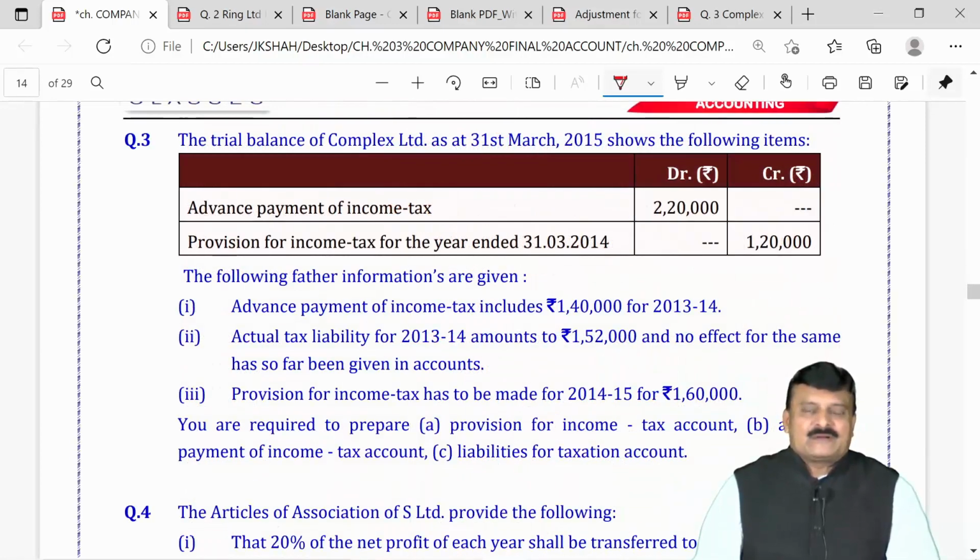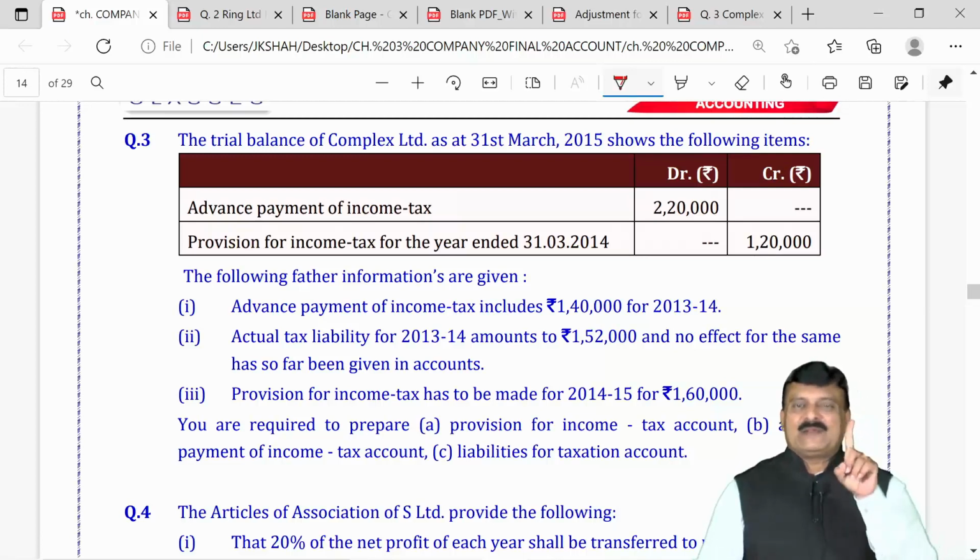We take another part for income tax, which is related to the company final account. It is regarding assessment completion of the limited company. Yours is a company. Income tax, you learn it very well, friends. You earn income in the previous year and assessment is done in the next year.